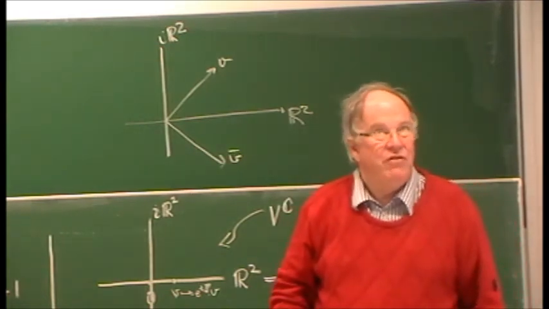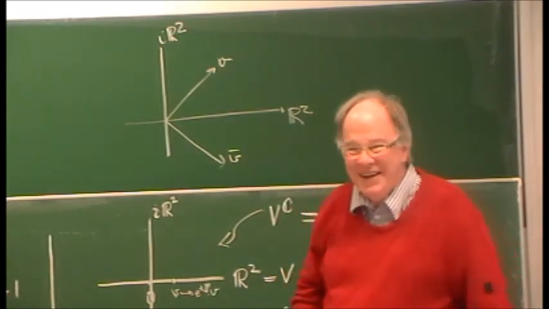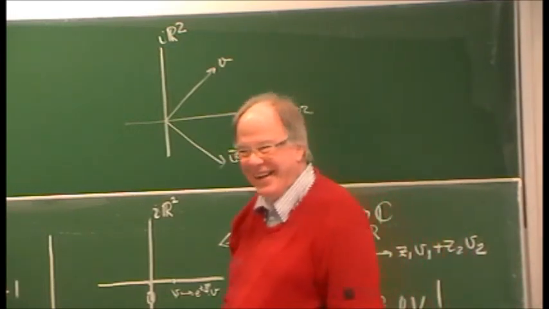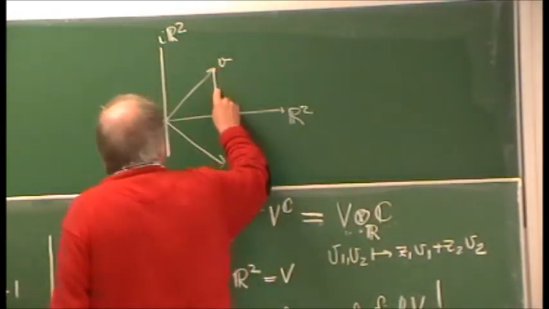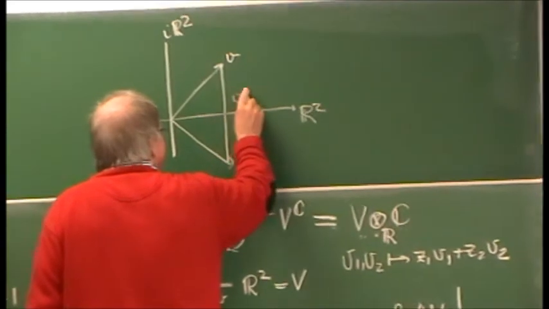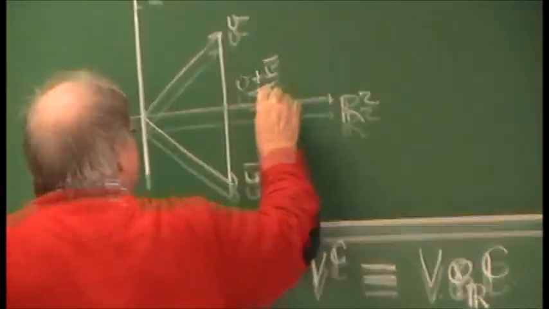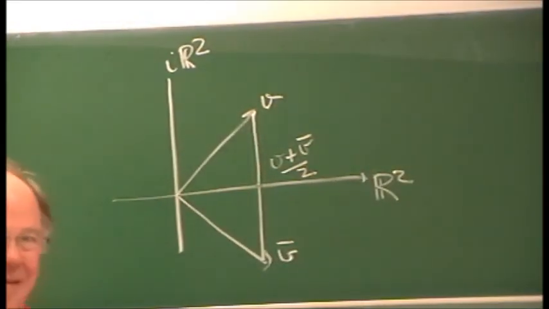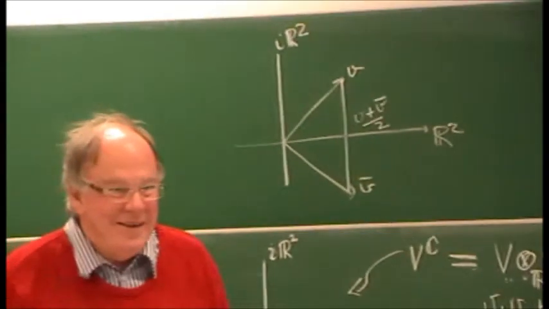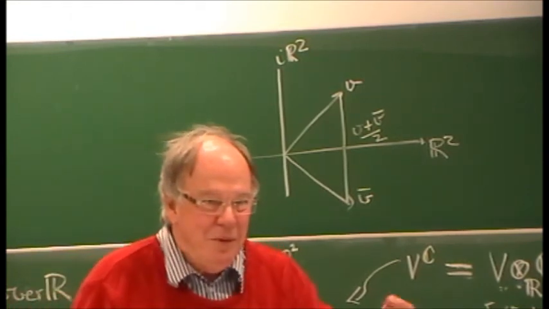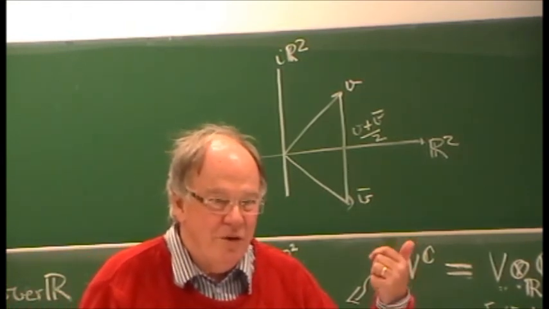Where's v plus v bar over 2? That was fun. Right? v plus v bar over 2. That's obviously a real, what is that?